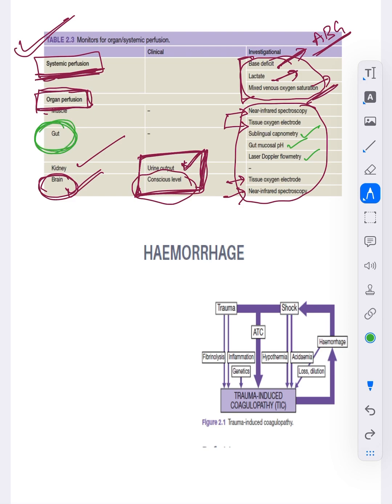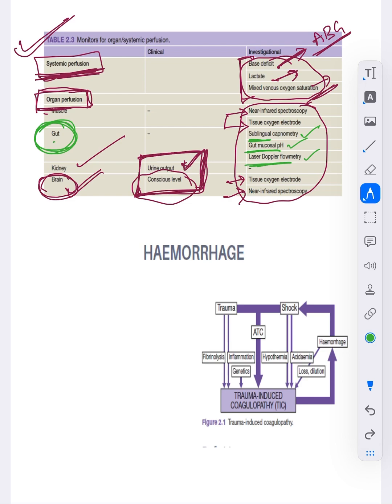Okay, how do you remember it? All the investigations for the gut, that is gastrointestinal tract, will have something or the other related to the gastrointestinal tract. Sublingual, the tongue is a part of GIT, right? Gut mucosal pH, the name itself has got gut in it. Laser Doppler flowmetry is the one that you have to remember.